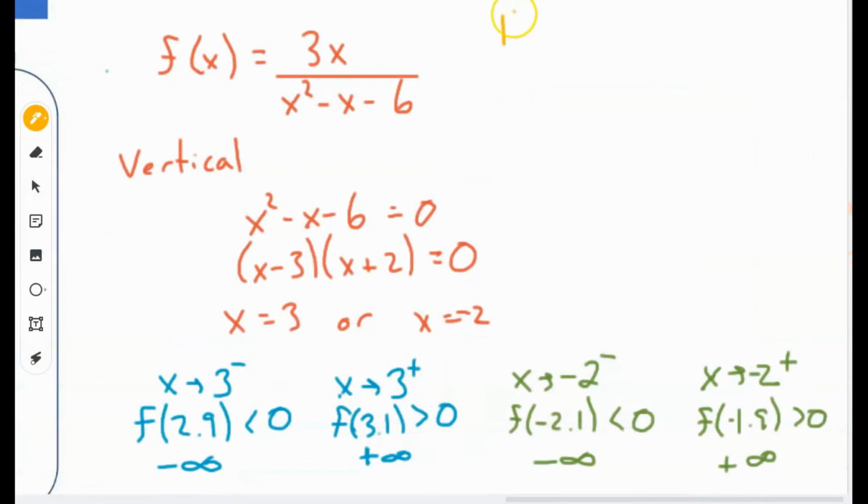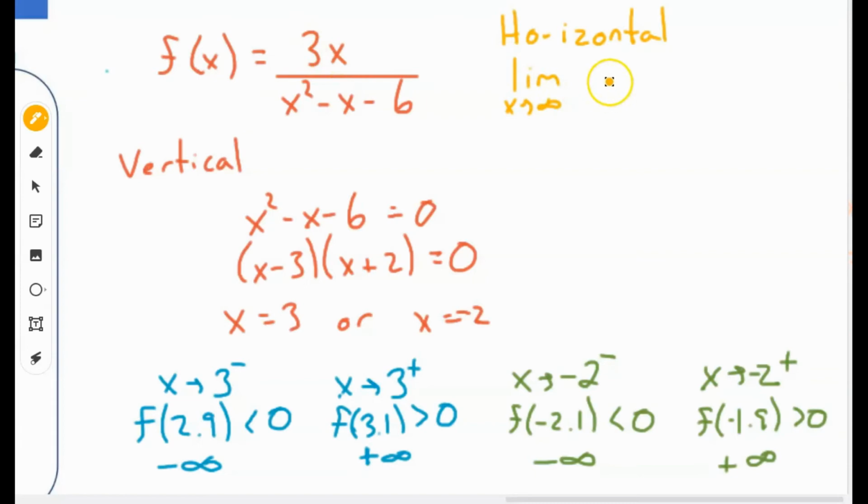Okay, so now let's test for horizontal asymptotes. Now a vertical asymptote approaches either positive or negative infinity at some value of x, whereas a horizontal asymptote, right, is going to go to an x value of positive or negative infinity at some value for y. So we're going to be testing the limit then of that function as x approaches infinity.